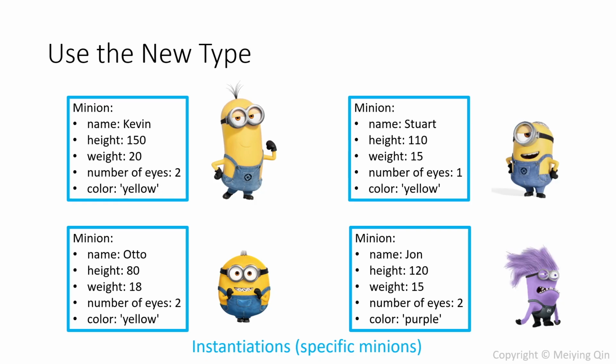The process of creating these objects, or creating a new instance of a class, is called instantiation, right? Each of these minions that you see here in this slide is an instance of our class with different properties.